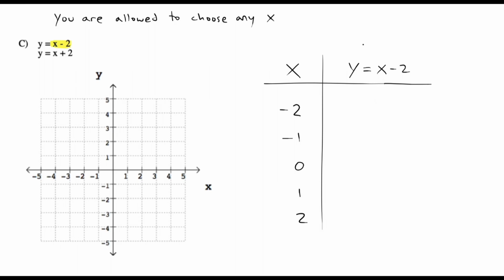Then I'm supposed to plug these x values that I chose into the rule, which is the equation. So you write several copies of this x minus 2, leave in parentheses where the x used to be.